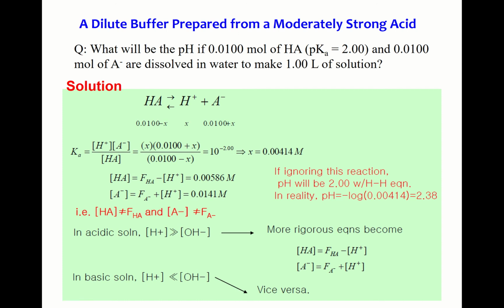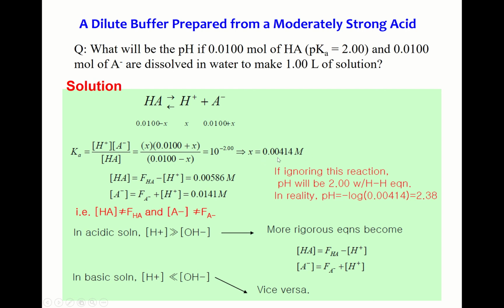But since the pKa is 2, we cannot ignore this dissociation. If we directly solve this equation, we get X of 0.00414 molar, not 0.01.